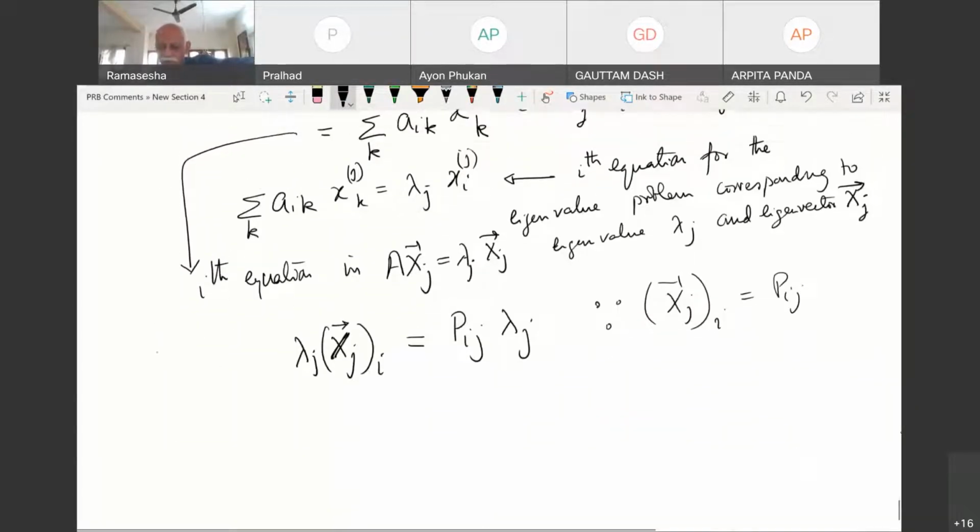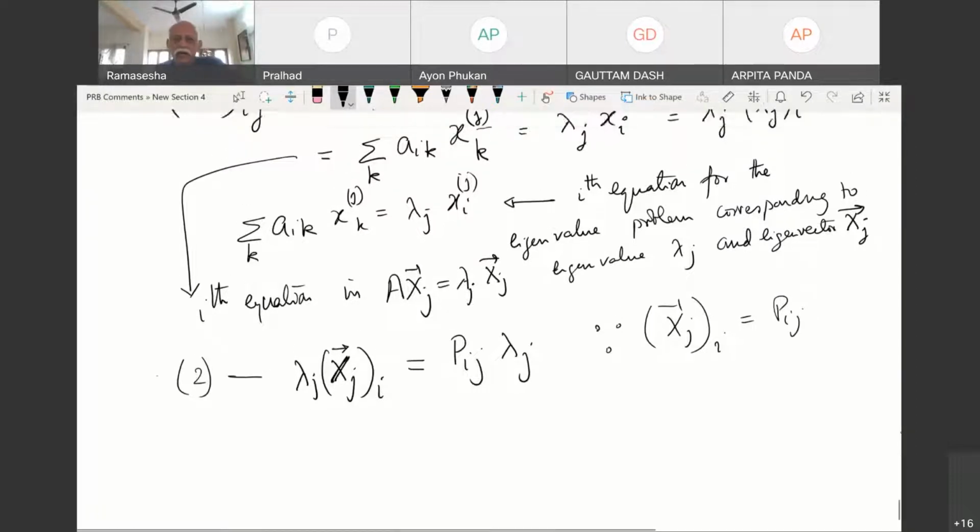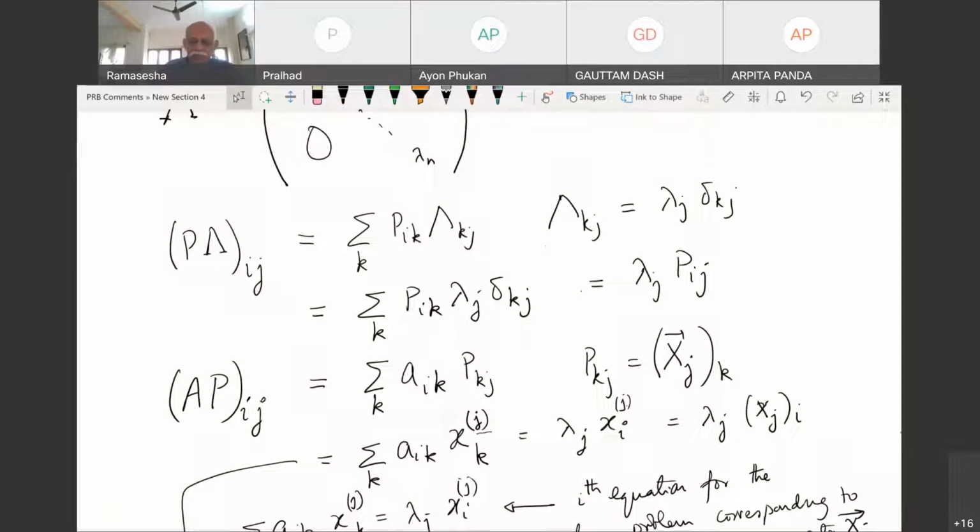Now look at these two equations. I call this equation 2, and I call this equation 1.